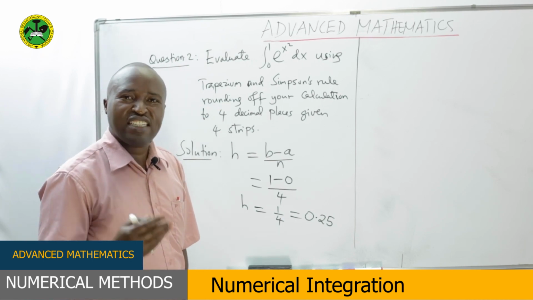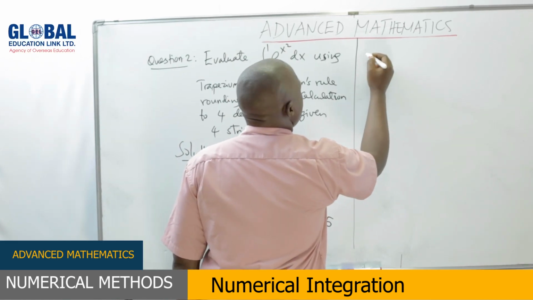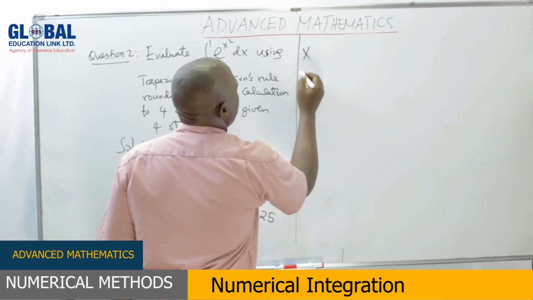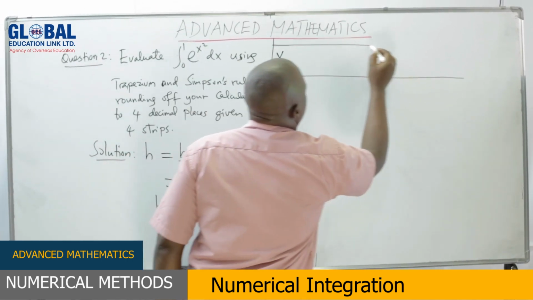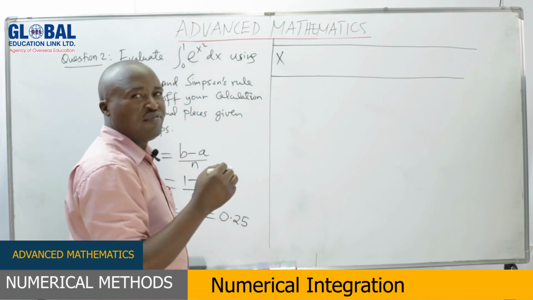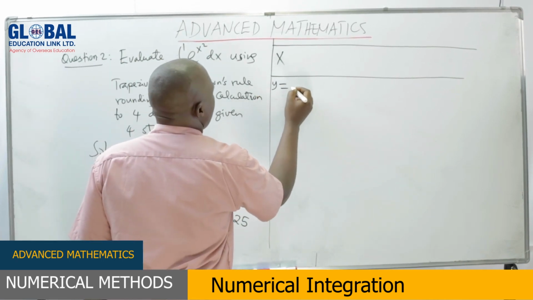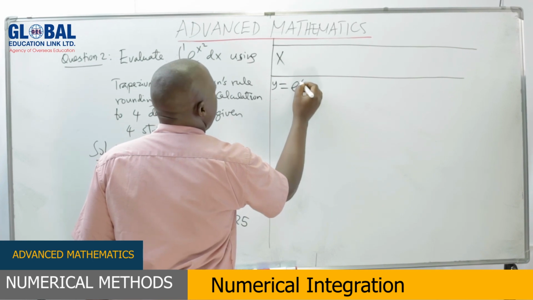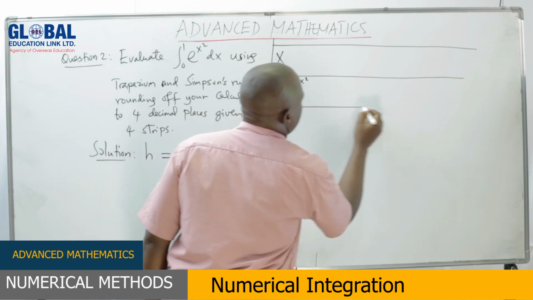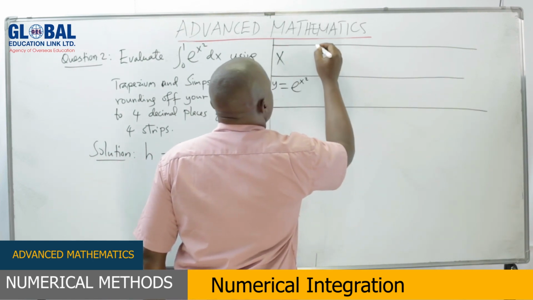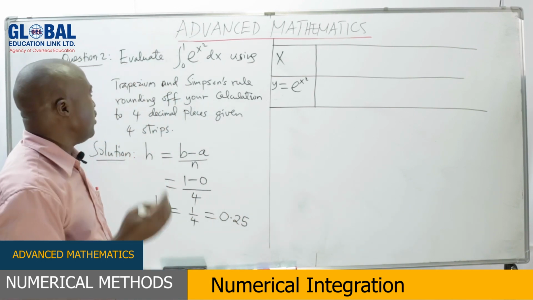The next step, we can create a simple table. That is our simple table. We are going to have x, but again, our function, that is y, is equal to e exponent x squared. So, what is our starting point?